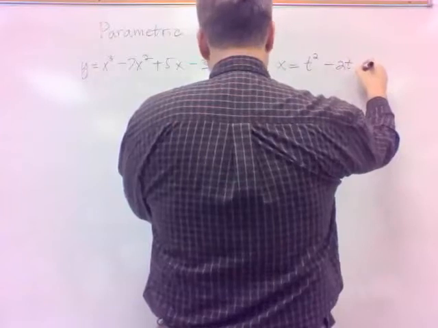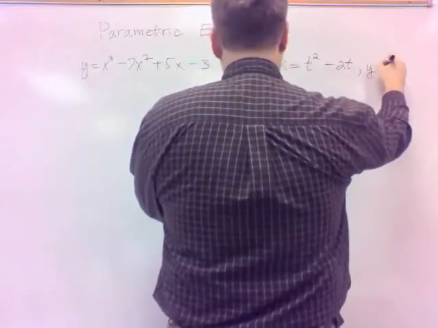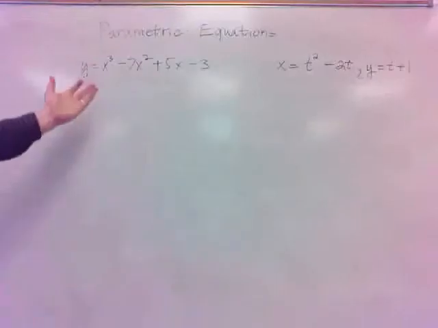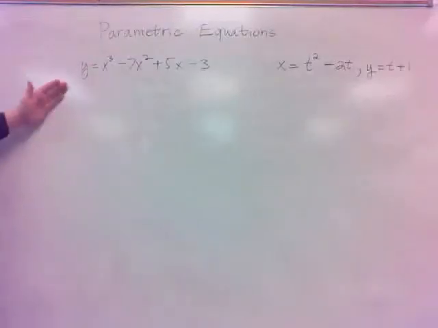And the second one is going to be our parametric equation. What we're used to are equations like this: y equals x cubed minus 7x squared plus 5x minus 3.